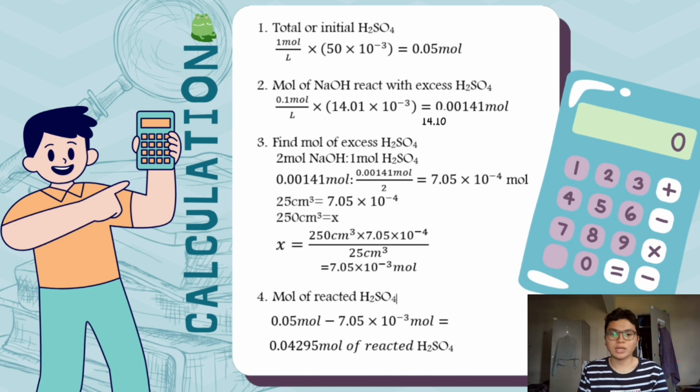But to find it for 250 cm³ of sulfuric acid, 250 cm³ is multiplied by 7.05 × 10^-4 and divided by 25 cm³. And then we get the mole of 250 cm³ of sulfuric acid, which is 7.05 × 10^-3 mole.